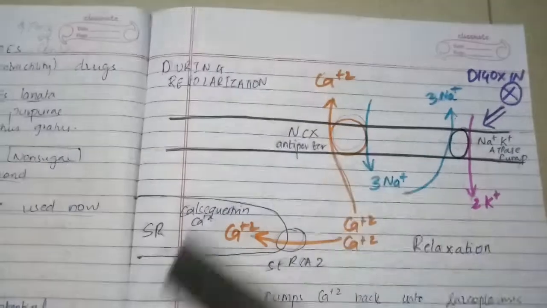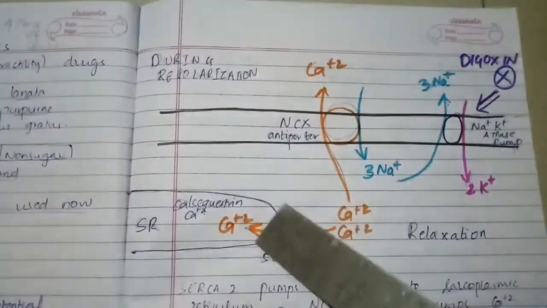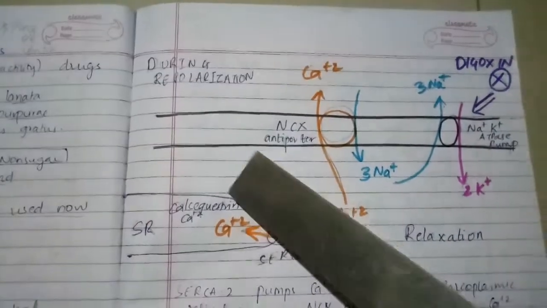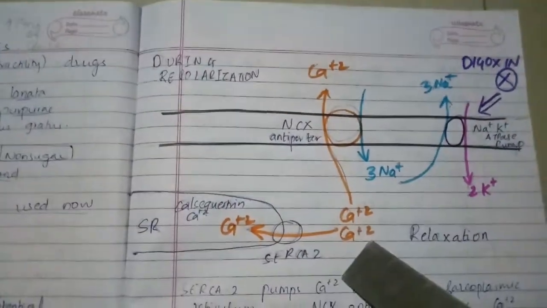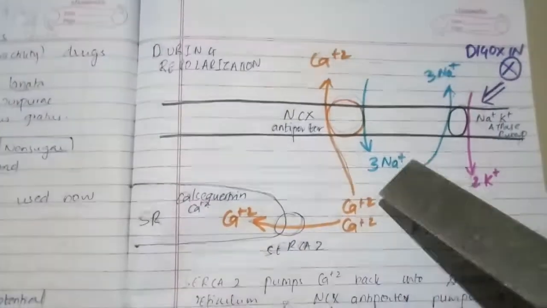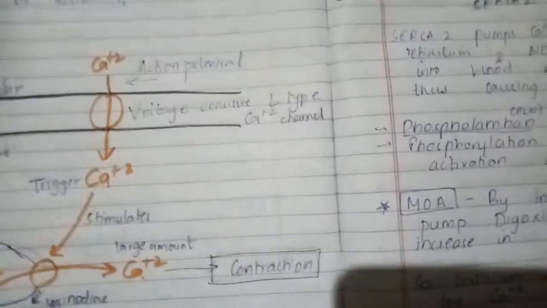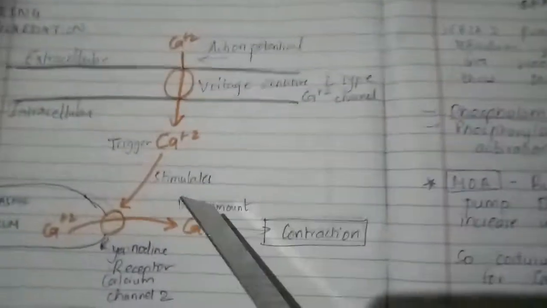So this is the whole cycle. The calcium has moved out and back into the sarcoplasmic reticulum, so it is not present in the cytoplasm now, and relaxation occurs. This is how the cardiac cycle normally goes on in the myocardium.